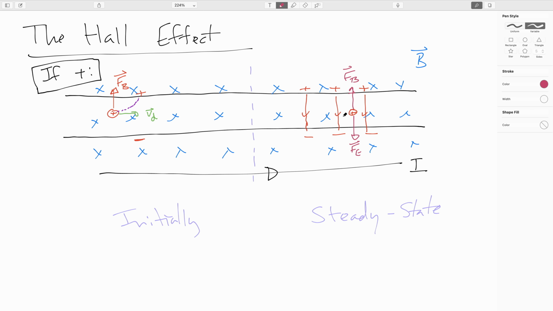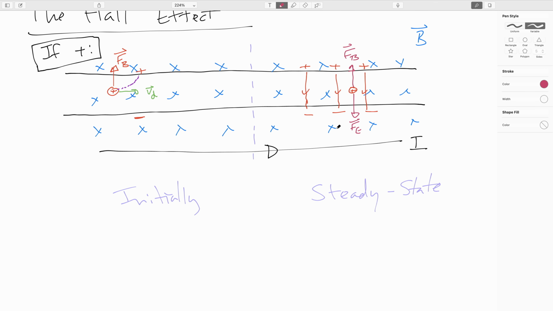Now, if we're in steady state, here, let's just go ahead and continue to label our drift velocity here. If we're in steady state, we need the two of these to be equal. So we demand that the magnetic force be equal to the electric force.